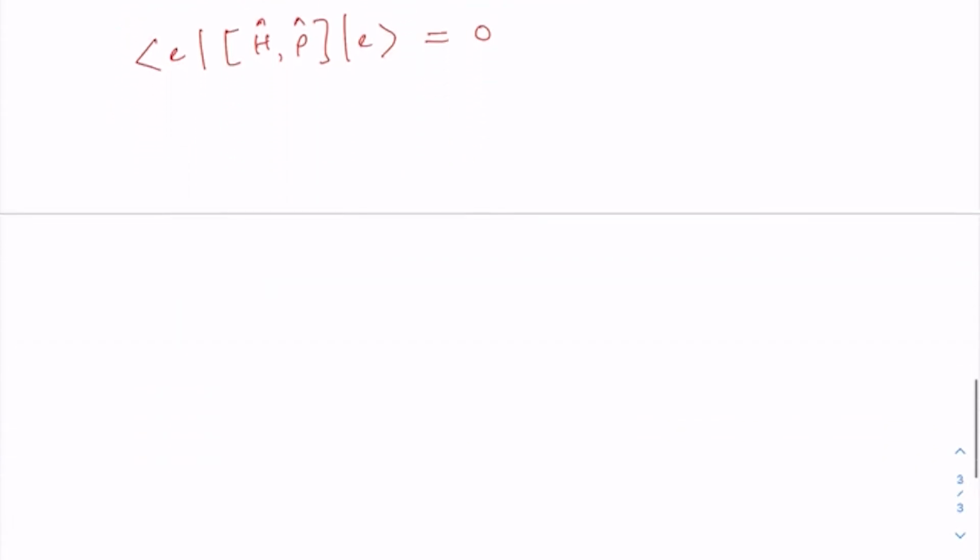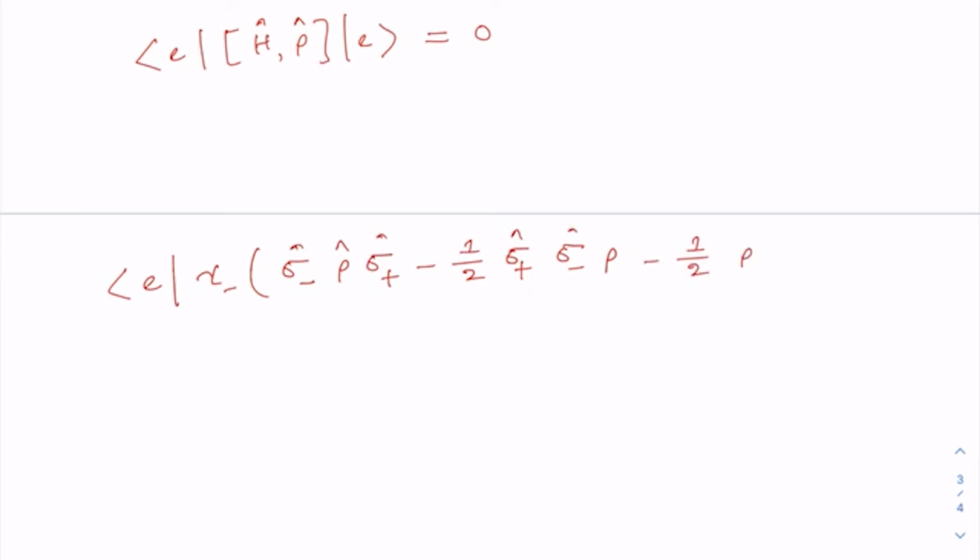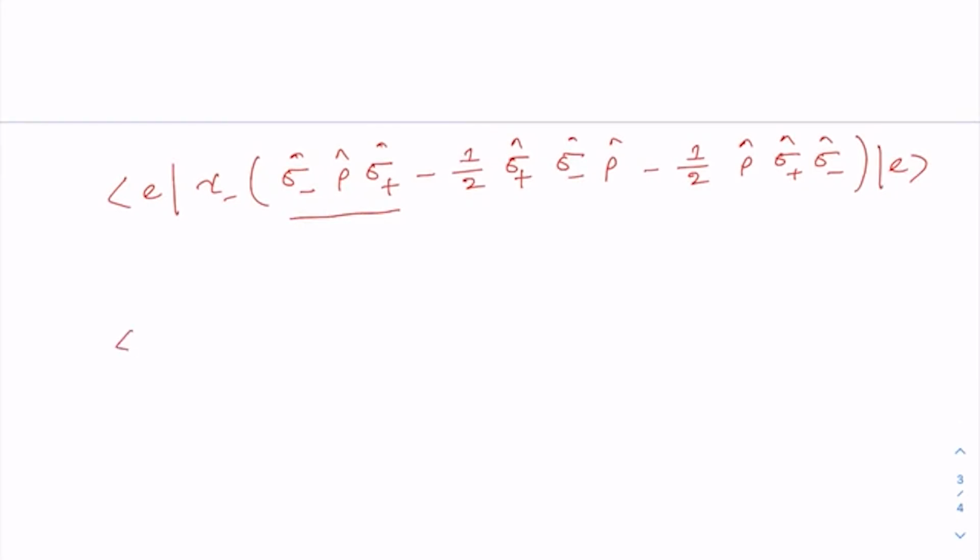Okay, now let us go to the other terms. Now let us calculate this particular term, <e|gamma minus (sigma minus rho sigma plus minus half sigma plus sigma minus rho minus half rho sigma plus sigma minus)|e>. To do this, let me first work out this term. That is <e|gamma minus, which is anyway a constant parameter, so let me work out sigma minus rho sigma plus |e>.